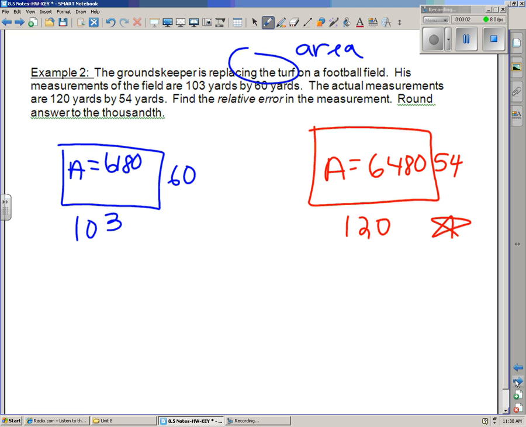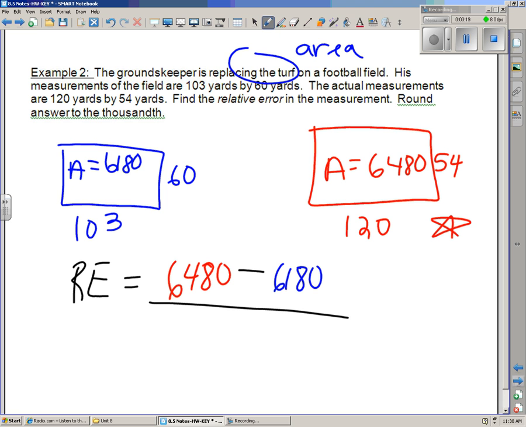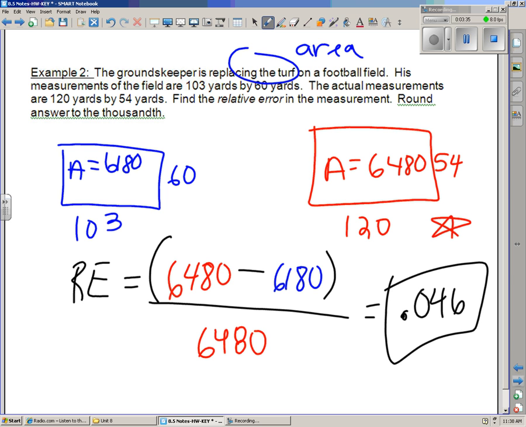So what we're going to do to find the relative error, we're going to take big 6480 minus small 6180, and we're going to divide that by actual, which we've already agreed was the red, or 6480. When you do this on the calculator, if you're doing it all in one step, you need to use parentheses around your numerator. What comes down to the nearest thousandth, 3 decimal places, is 0.46.